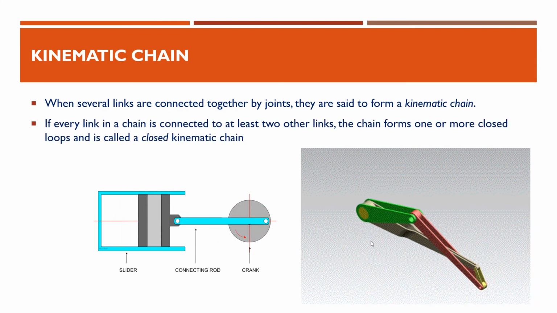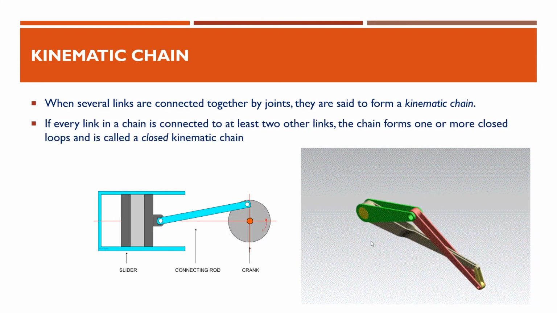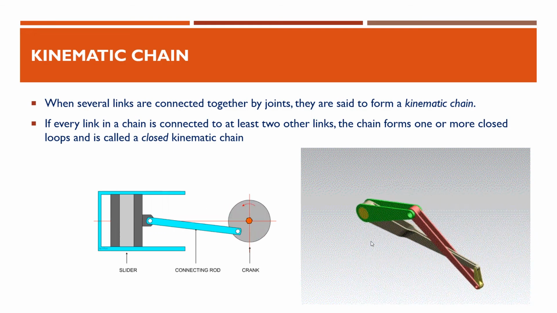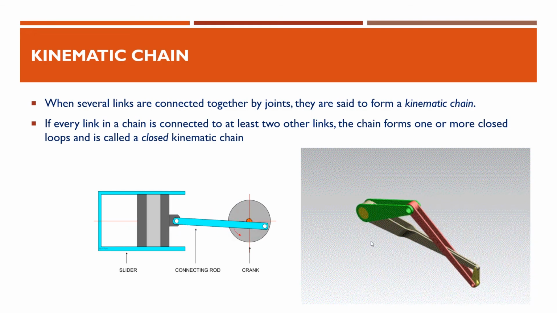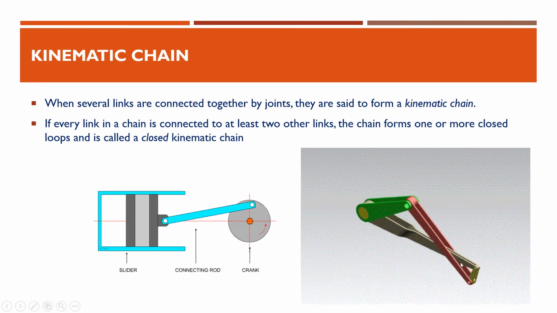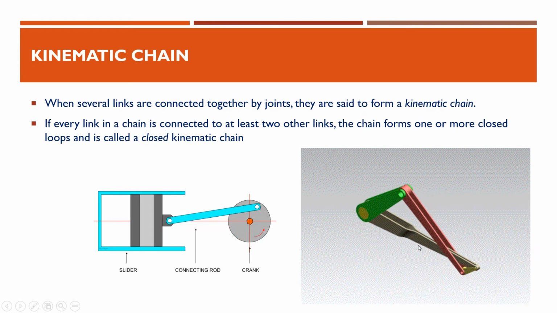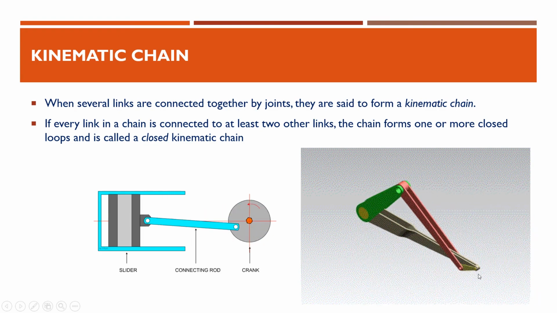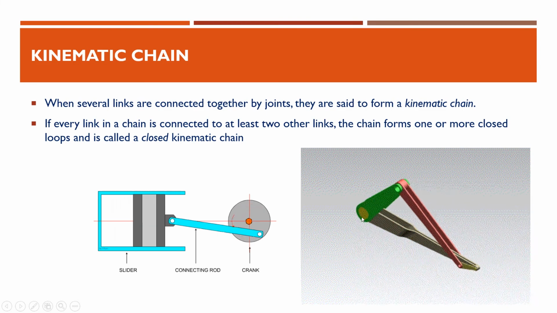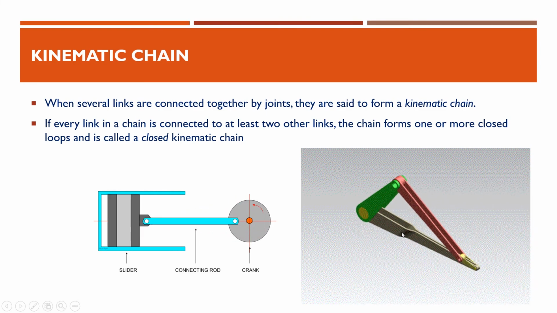And if every link in a chain is connected to at least 2 other links, then it forms a closed kinematic chain. This is a perfect example of that. Every link is connected to at least 2 other links. This link is connected to this one and this one. Similarly, the green link is connected to the red link and this ash link.